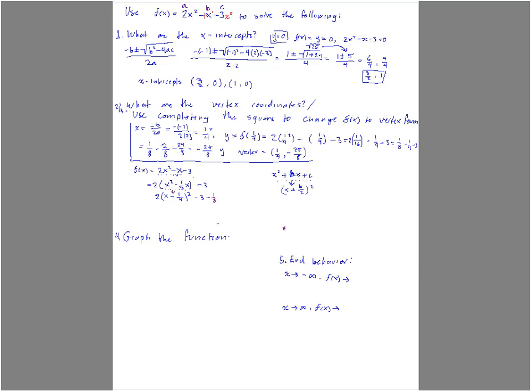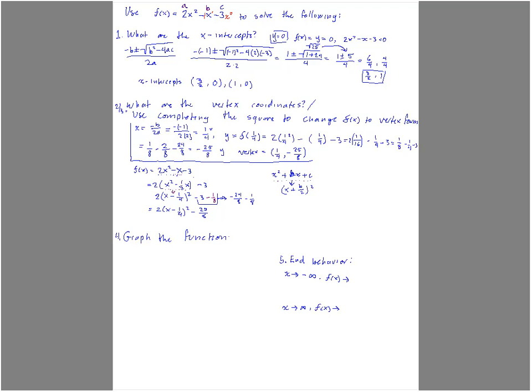And so what this ends up being is 2 times x minus 1/4 squared, and then the common denominator with 3 over 1 and 1 over 8 is actually 8. You just have to multiply the 3 over 1 by 8 over 8. You get 24. So this part is negative 24 over 8 minus 1/8, which gives you negative 25 over 8.